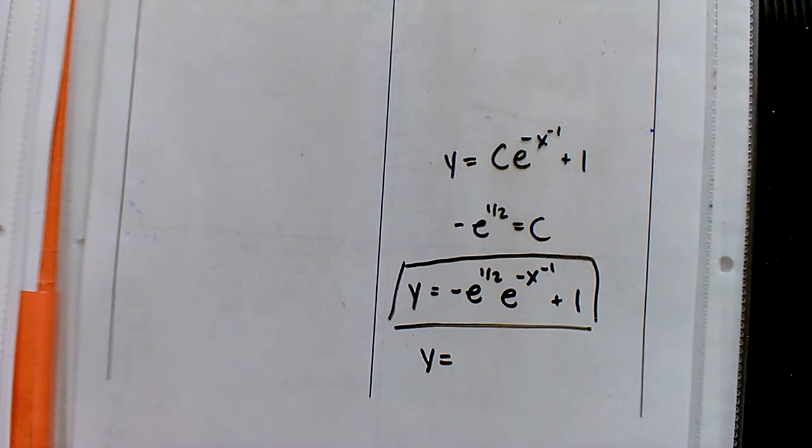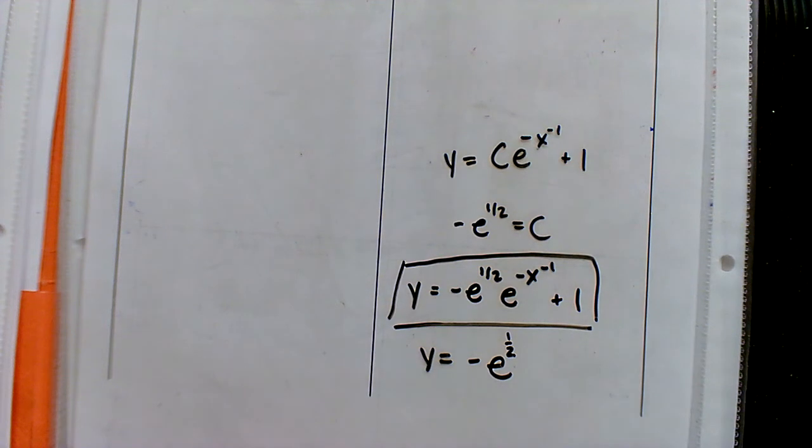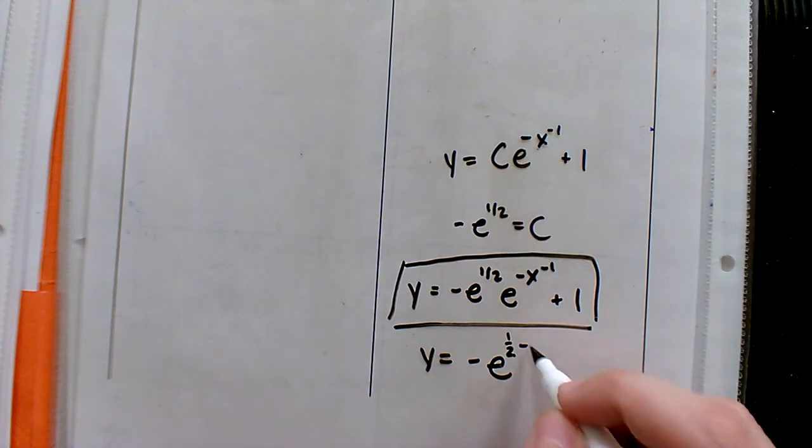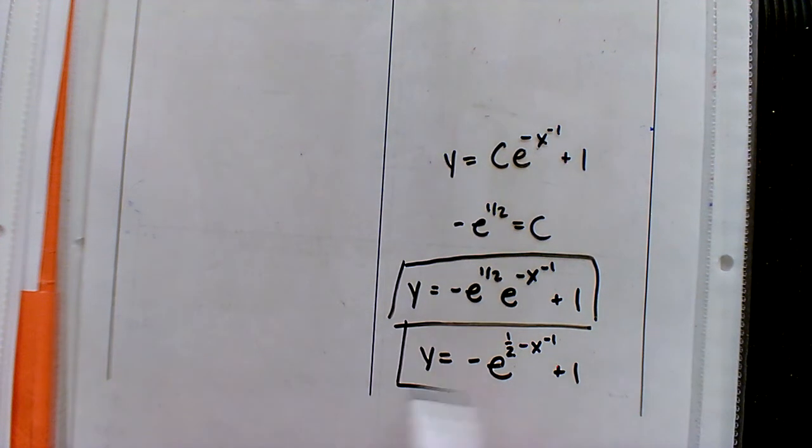We've got to think about our exponent rules. If you're multiplying the same base together, what do you do to the powers? We add them. So we can rewrite this as negative e to the 1/2 plus negative x to the negative first, but that would just end up being a subtraction if you add that negative.